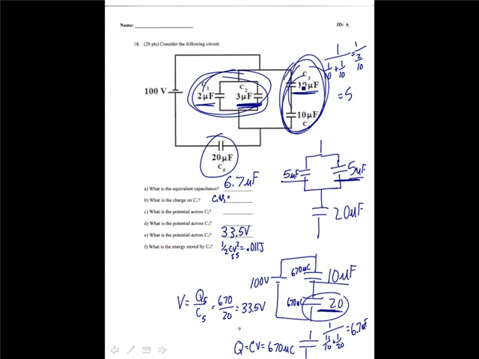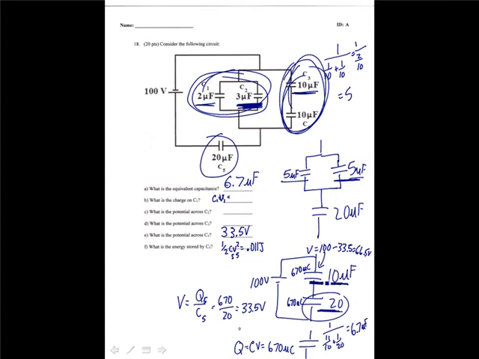C2, which is this capacitor, is going to have the same potential as this capacitor. So if we want to know the potential across this capacitor, it's just going to equal 100 minus the potential on the other capacitor, which is 33.5, and so that is 66.5 volts.